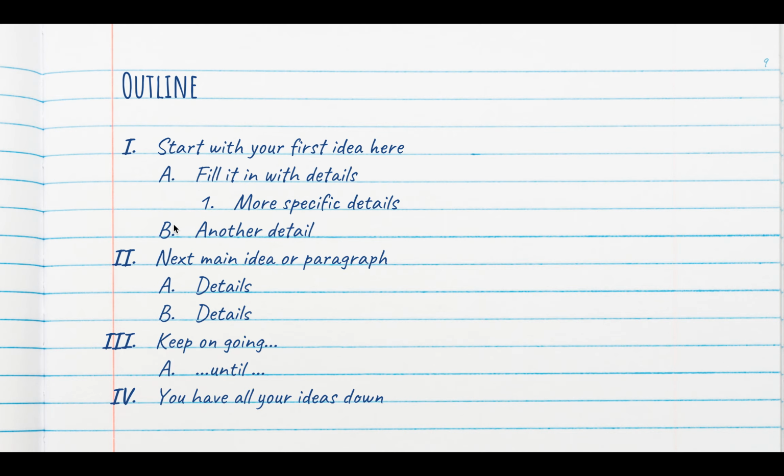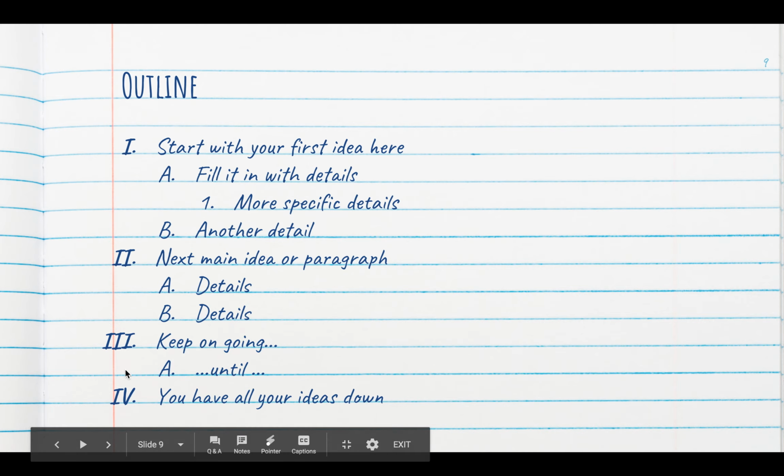Your A's and B's and C's and D's are the details that go with your main idea. And if you go into the numbers, those are more specific details that relate to these letters here. Then you just keep going to your next main idea or paragraph. You put in details, and you keep on going until you finally have all your ideas down.